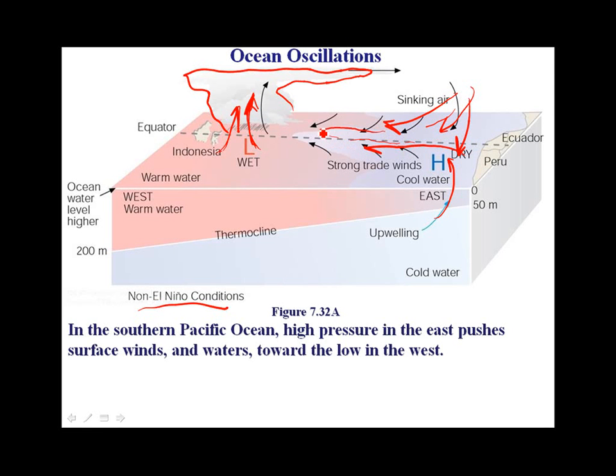You see some of this cooler water moving toward the west. As we begin to move water toward the west, we begin to raise the sea levels in the western portion of the equatorial Pacific, and water levels begin to decrease here in the east. It's caused by the surface high pressure moving the ocean water from east to west.